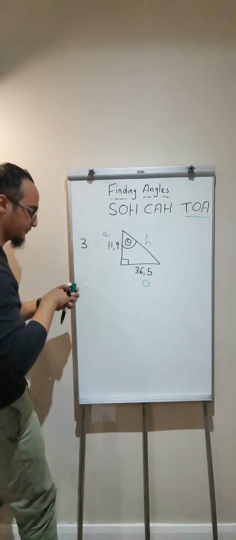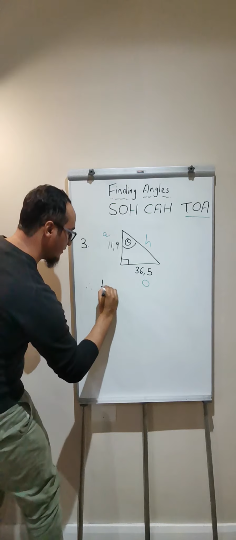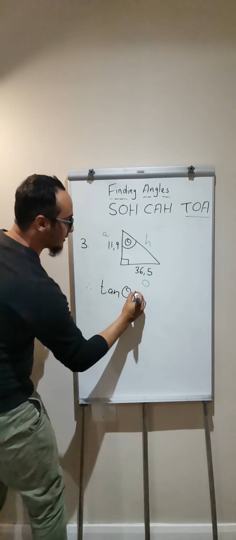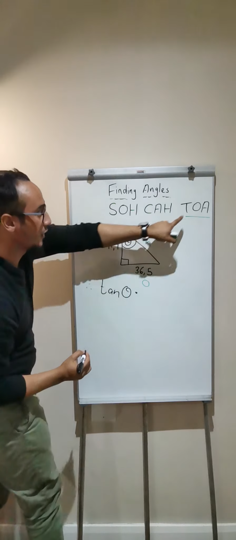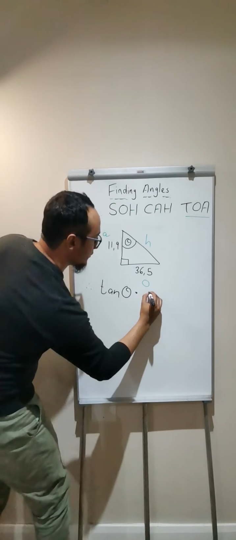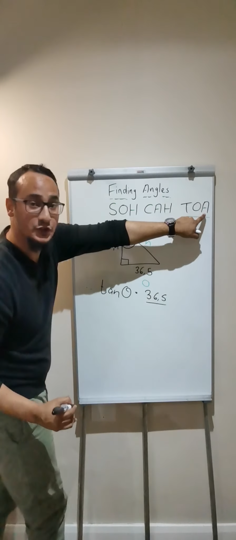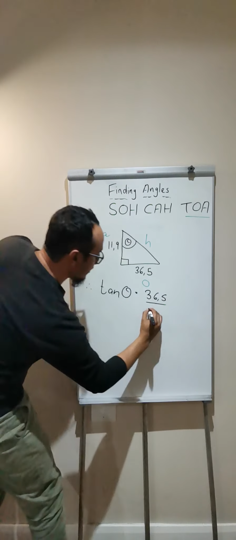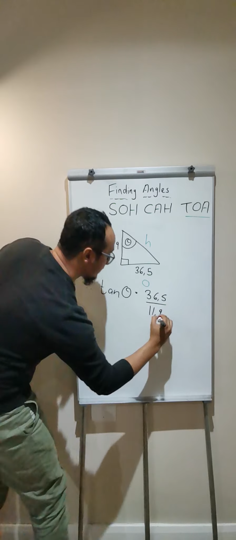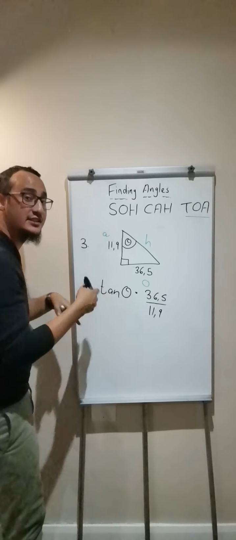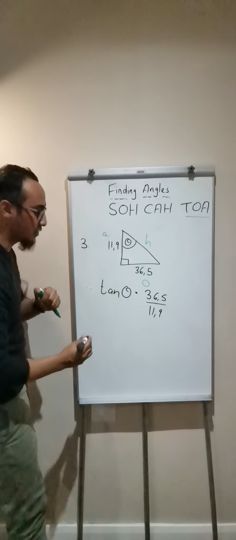So therefore, tan of the angle that I'm looking for, which is theta, is equal to, what comes first? Opposite, which is 36.5, over your adjacent, which is 11.9. From there, I get rid of this tan by using the second function or the inverse operation of it.